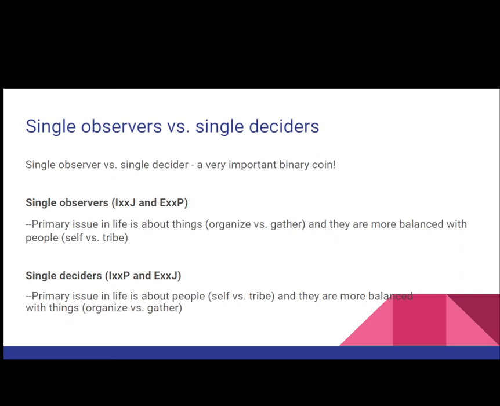Whereas a single decider, the IP and the EJ, their primary issue in life is going to be about the people side of things, the self versus the tribe. So like an IP type, they might be all in on their own self function, whether it's TI, what works for me, or FI, what I personally find valuable.